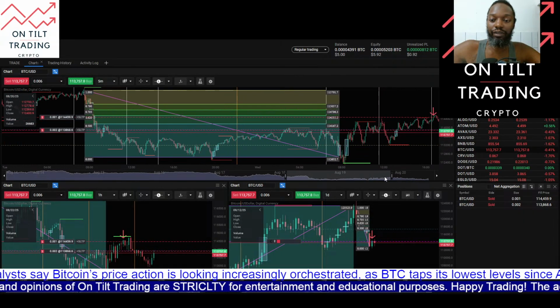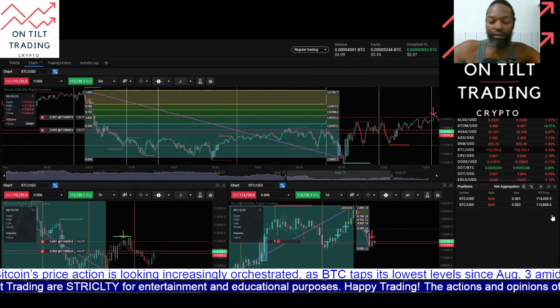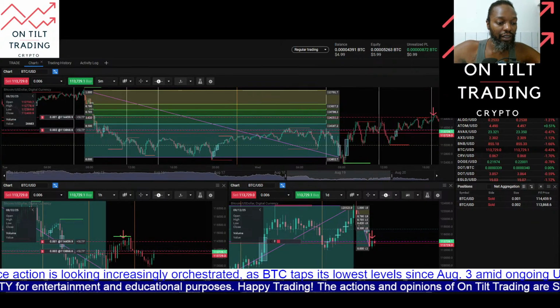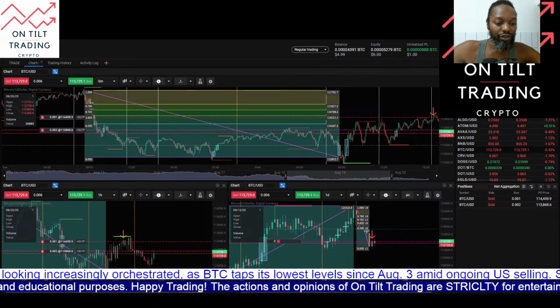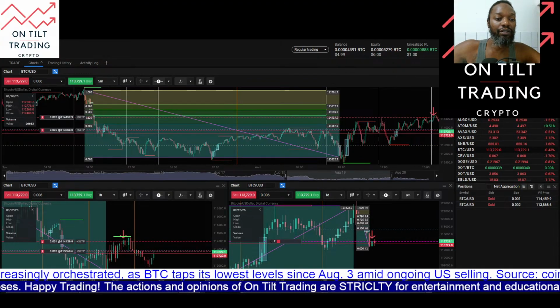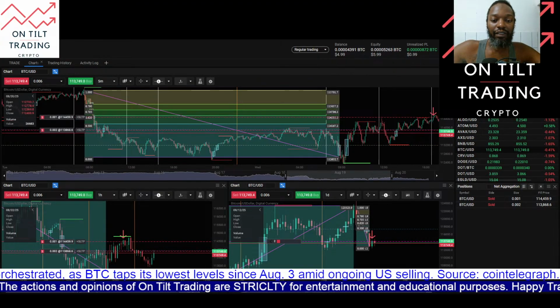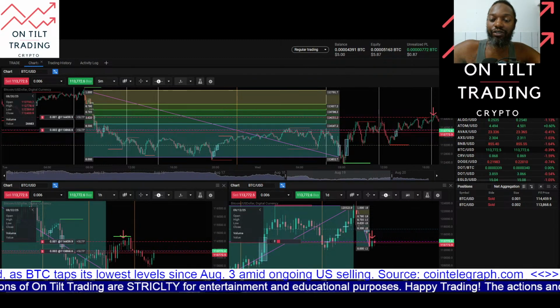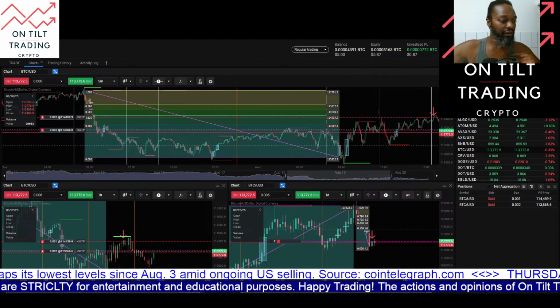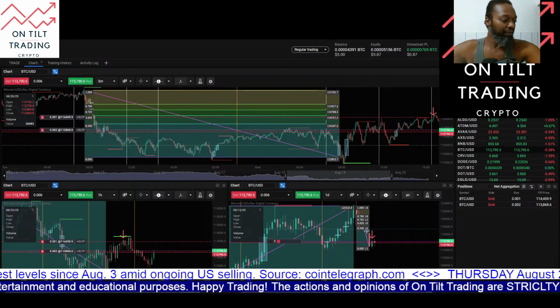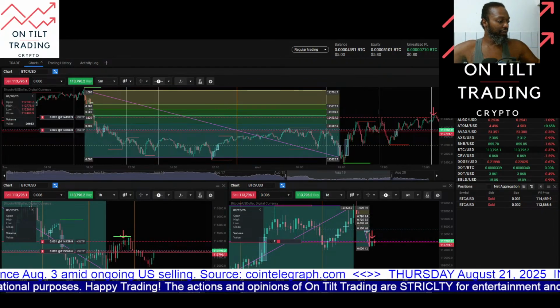Get the entry in here. Okay, so this contains this range right here. This is the 5-minute representation of this 60-minute area here.